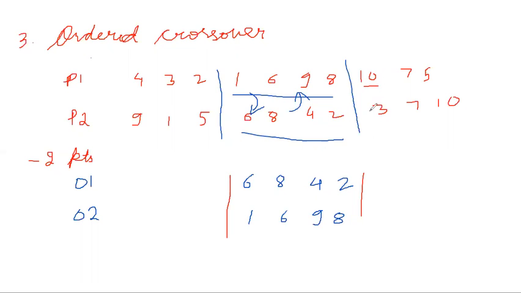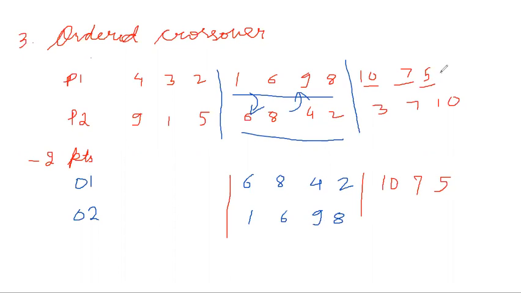I see the first element; it is not there in the offspring, so I will copy it here. Pretty easy, done. Coming to the next gene in the same order, 7: it is not there, so I will copy it directly. Coming to 5, again 5 is not present, so I will put 5. So that was easy.